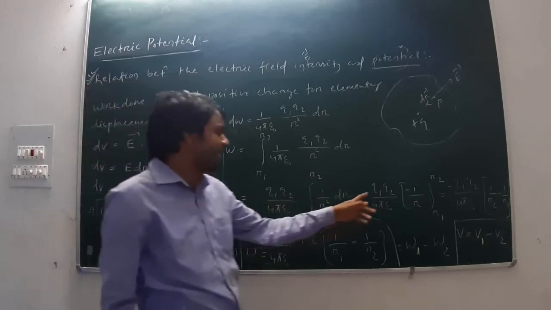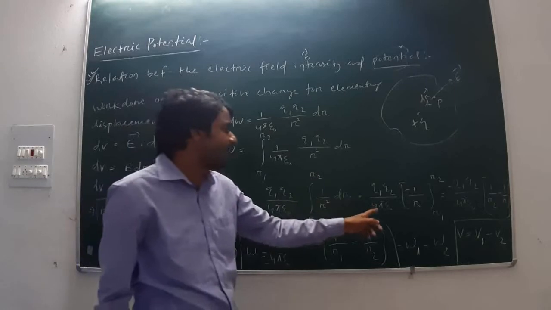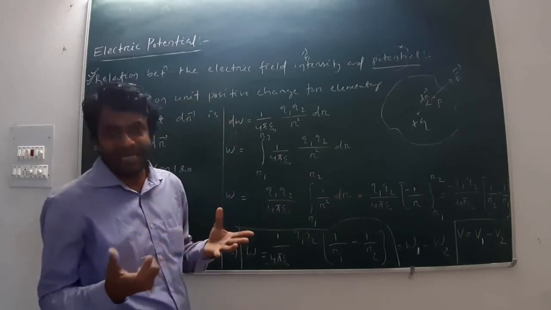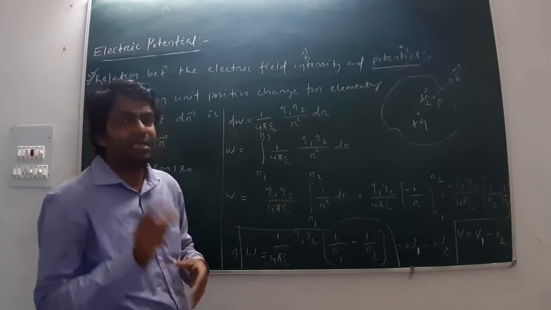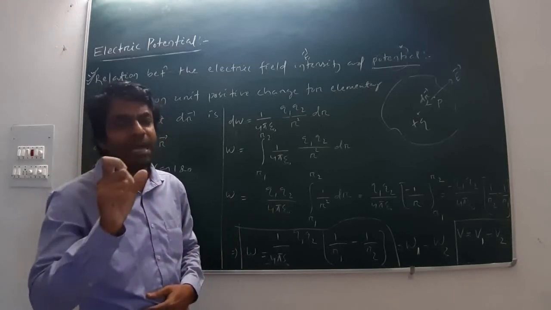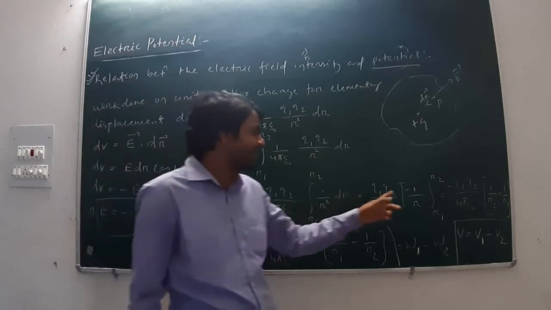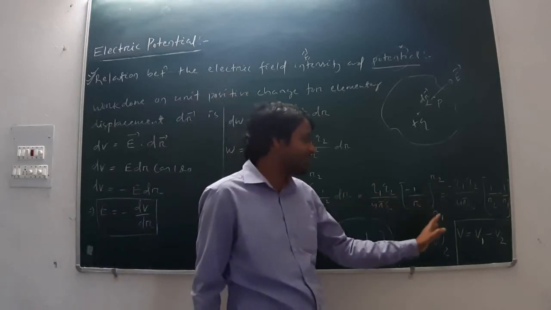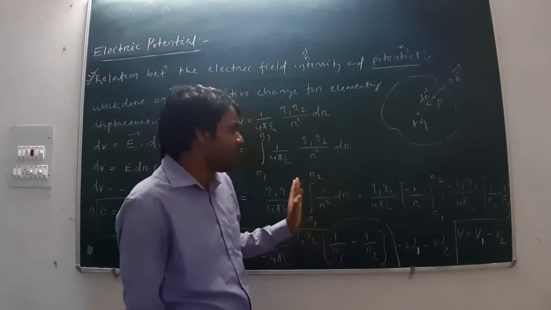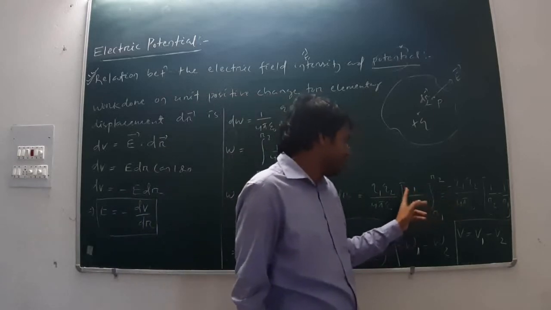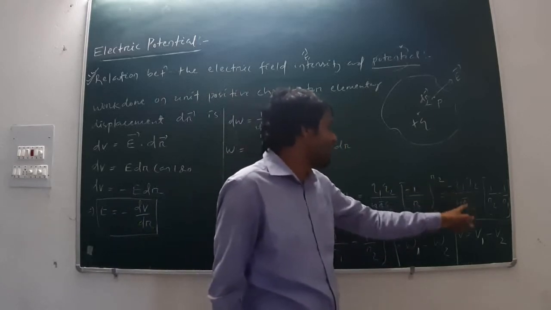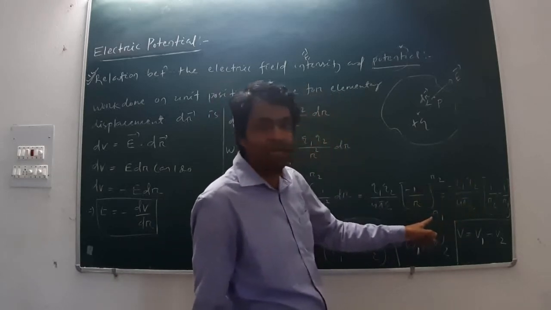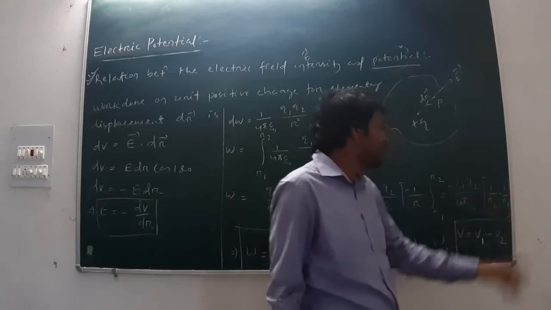That can be written as q1 q2 by 4 pi epsilon naught times the integral of 1 by r square, which means r to the power minus 2. Integrating r to the power minus 2 gives r to the power minus 1 by minus 1, which can be written as minus 1 by r, from the initial position to the final position, that is r1 to r2. Taking the negative sign common, minus q1 q2 by 4 pi epsilon naught whole into upper limit minus lower limit, 1 by r2 minus 1 by r1.